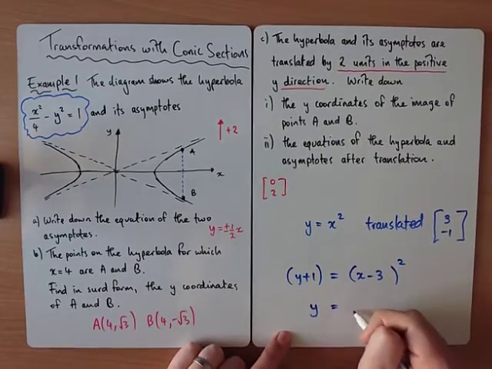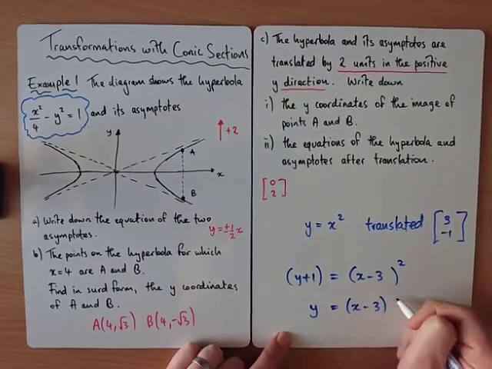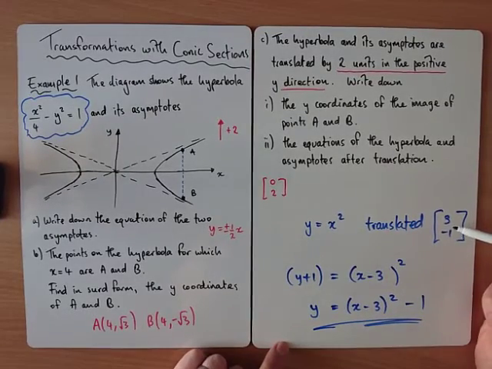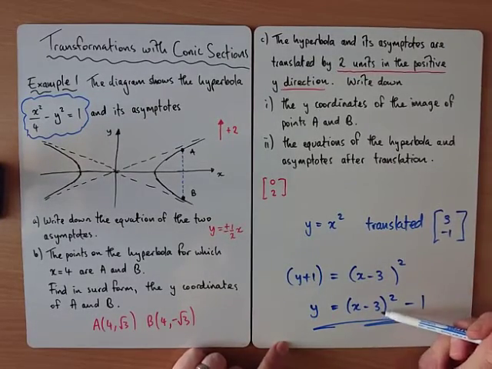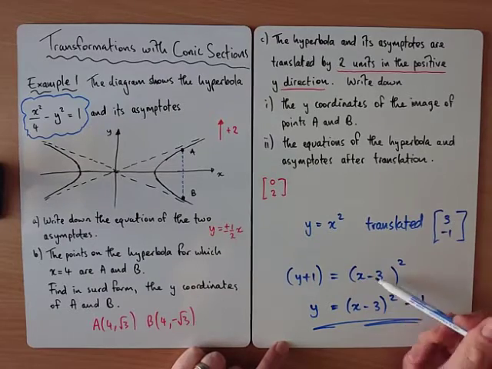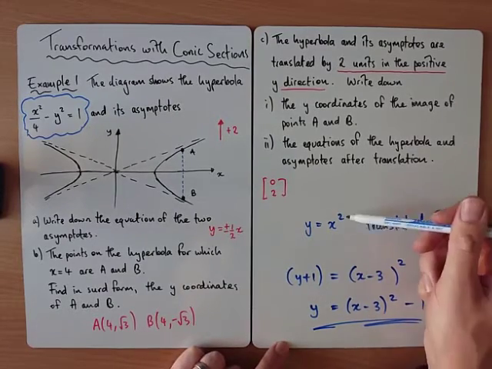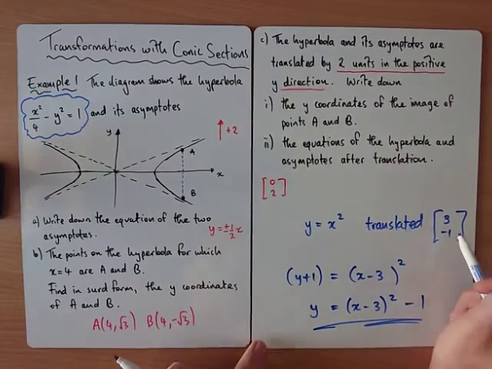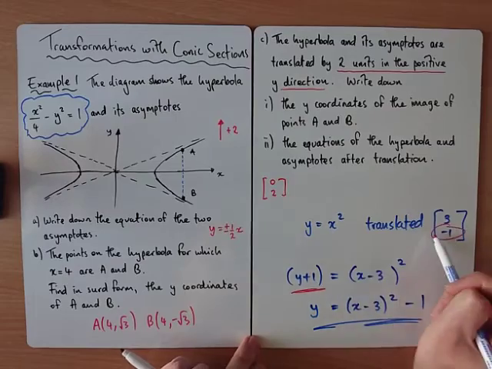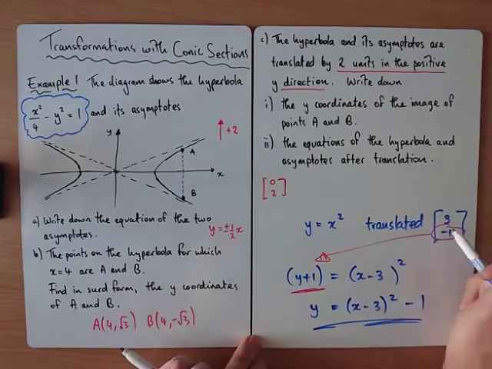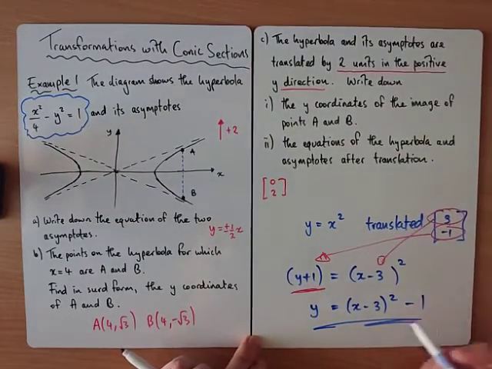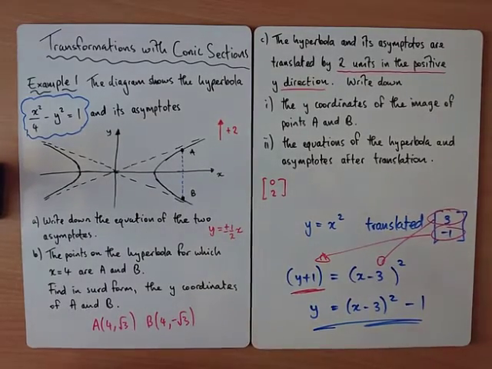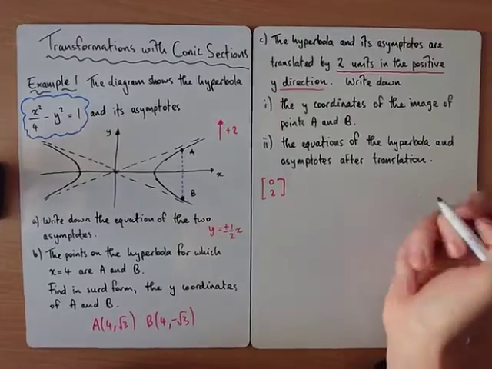So it'd end up looking like y equals x minus 3 squared minus 1. And in A-level maths, you'd just probably skip straight to this answer, because you'd see the 3, you'd replace x with x minus 3, you'd see the minus 1, and you'd just take away 1. But we need to think about this intermediate step. In reality, what you're doing is, if you're replacing x, you should also be replacing y. Okay? So with that in mind, let's see.